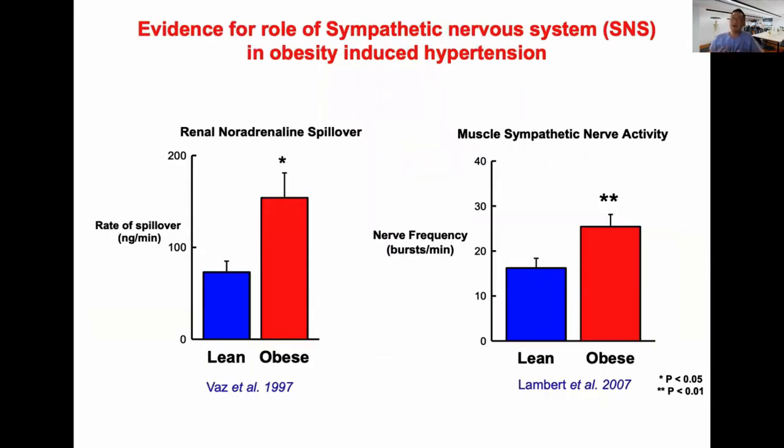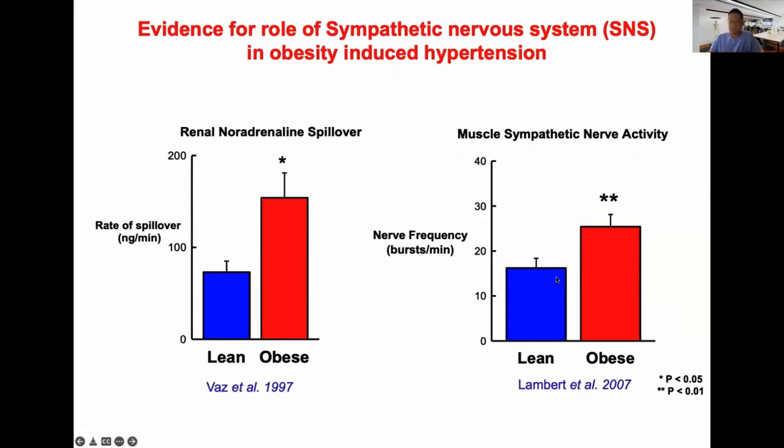Now, there are a lot of evidence showing that the role of the sympathetic nerve activity is crucial in obesity-induced hypertension. Now, Murray Esler's group have pioneered in Australia with the renal noradrenaline spillover studies and have shown that in obese patients, which are in red, there are increase in the level of noradrenaline in the kidneys.